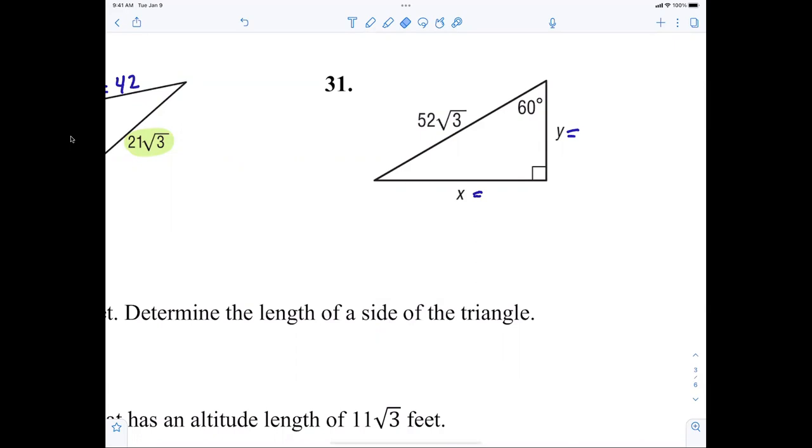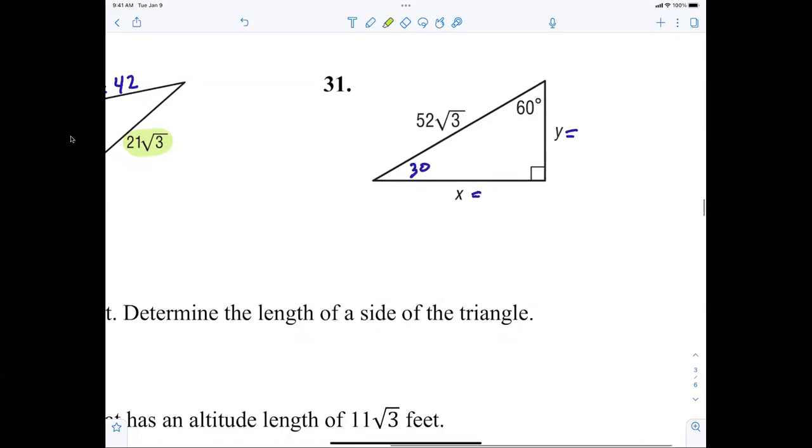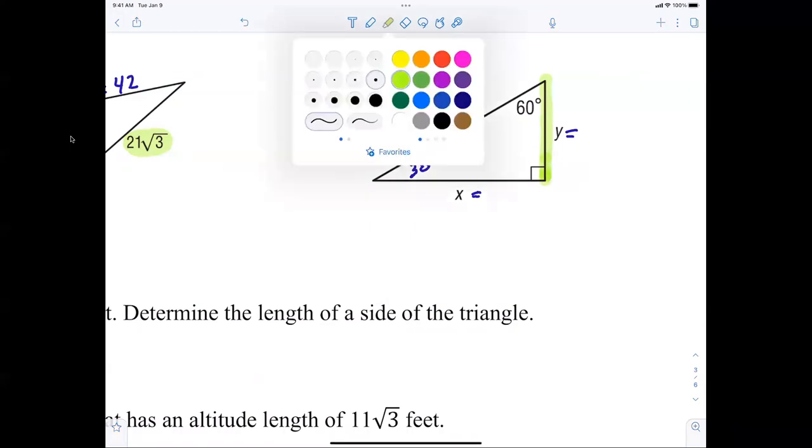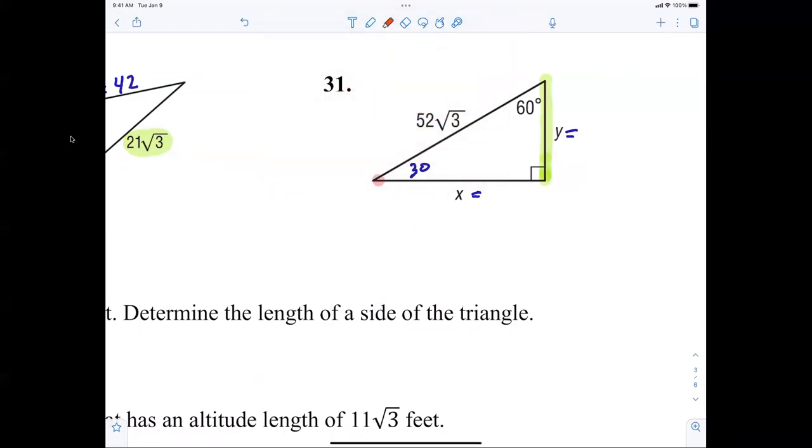Now, again, I always identify the 30, 60, 90. So this, the green represents the what? 30. The red represents the what? 60. Beautiful. So Y is how much? 26 radical 3. Beautiful.